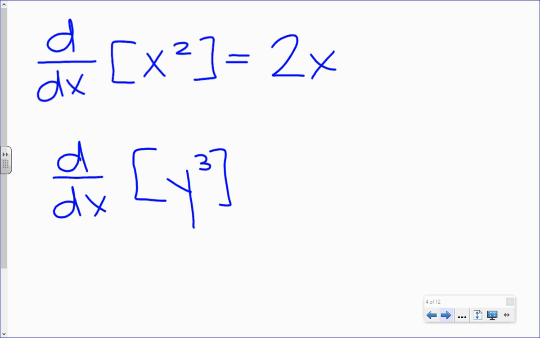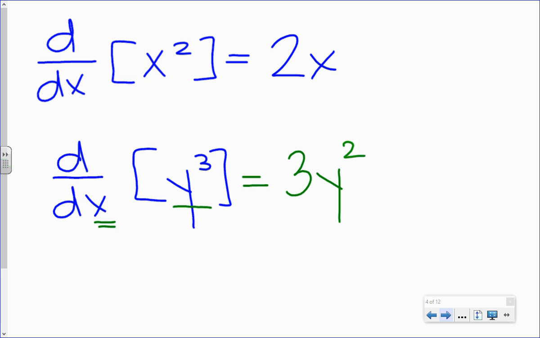However, do you notice I'm asking you to take the derivative with respect to x, but that is not x? We don't know x, right. But we are taking the derivative with respect to x. So we can still say 3y squared, but we have to apply the chain rule.